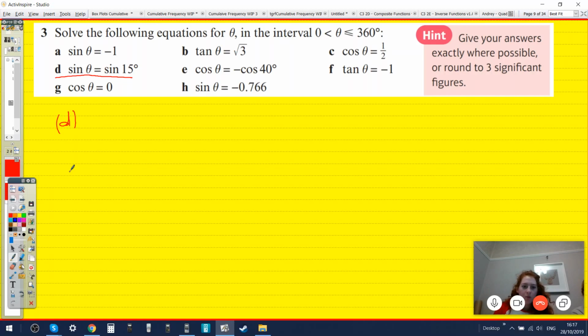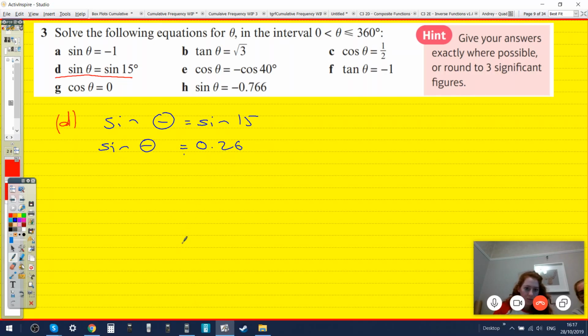Would we take it from whatever the answer for sine 15 is, the equivalent? That's a good idea. Yeah, so what's that? It's got minus, hang on, wait, 0.26. Say it again, sorry? It says 0.26. Yeah, okay.